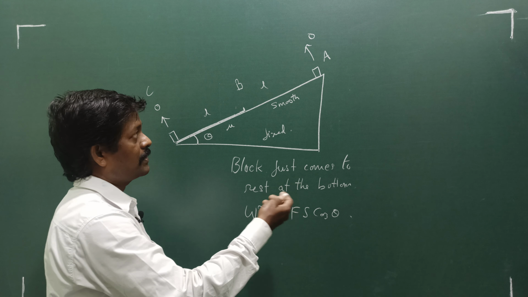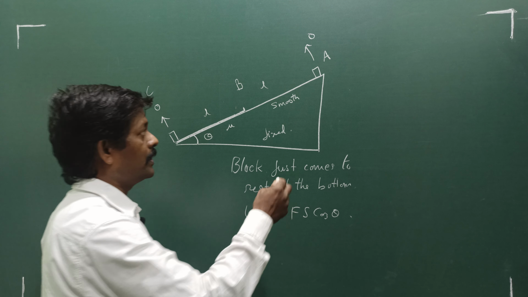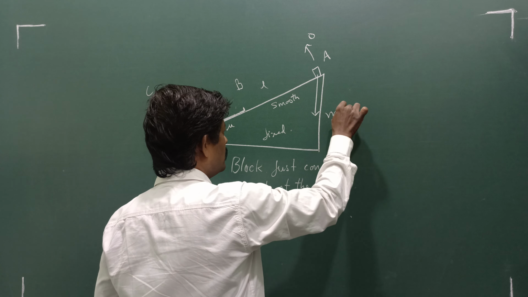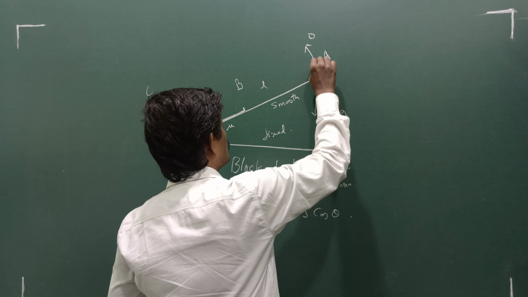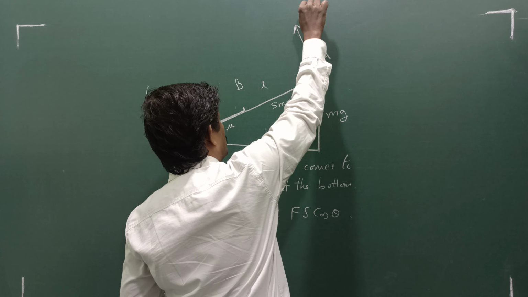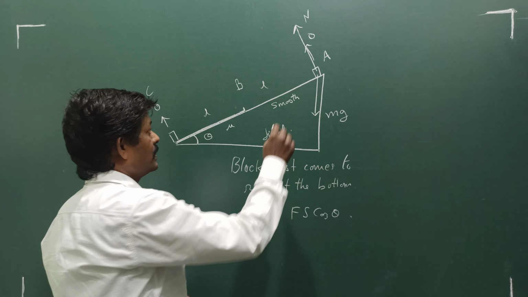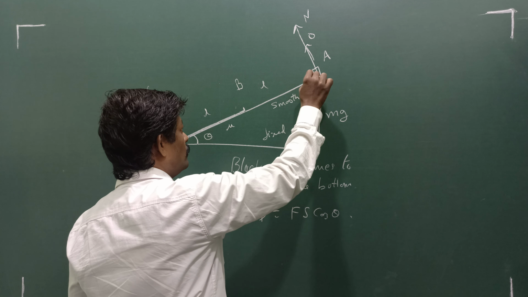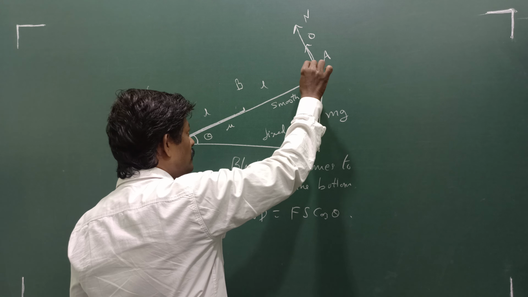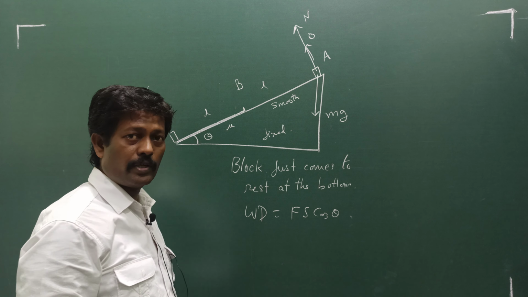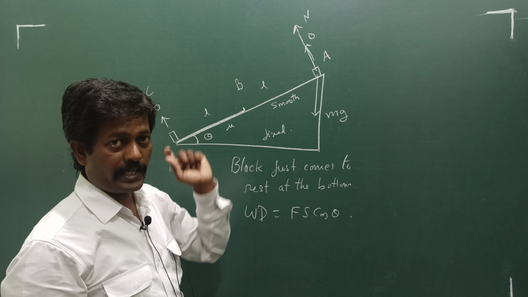Now let us see first of all what are the forces acting on the body. One is mg vertically down, no doubt. The other is of course normal reaction. Normal reaction is perpendicular to the surface always, and as it comes down, as long as it is sliding from A to B, there are only two forces on the body, that is mg and normal reaction.